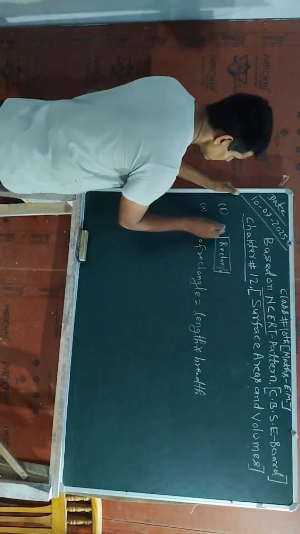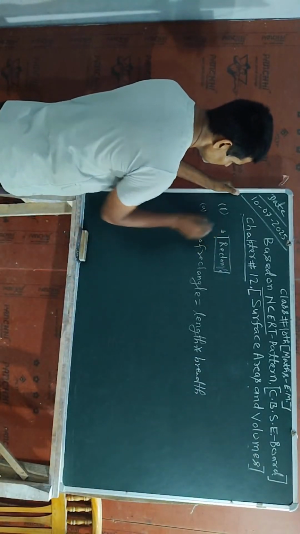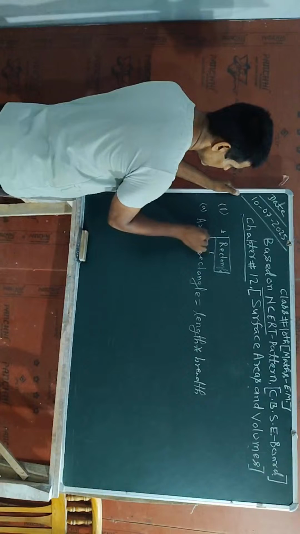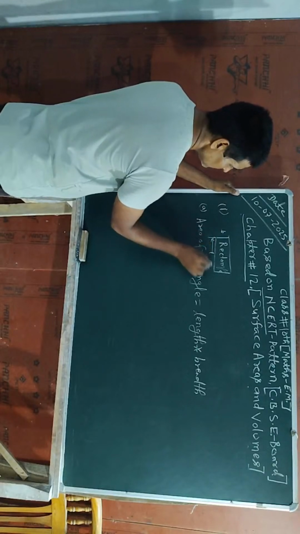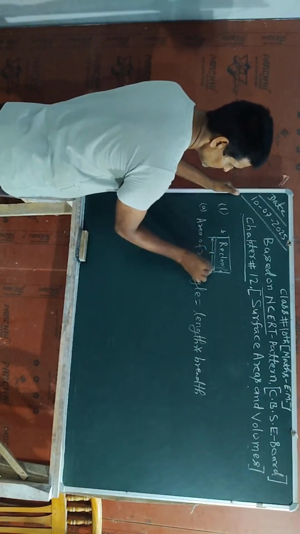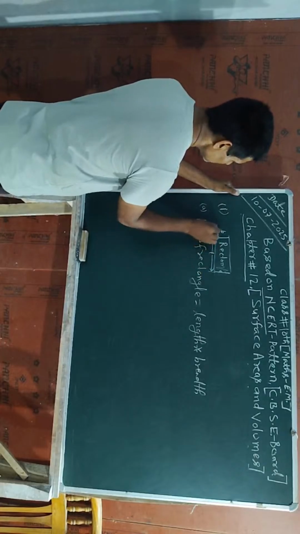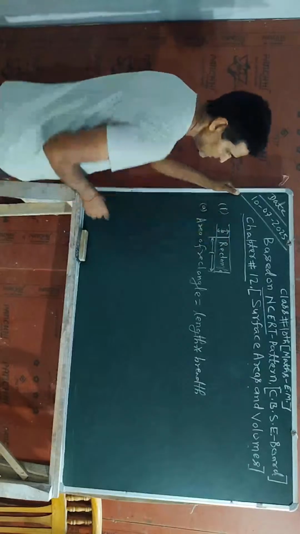So I will say this is the breadth B and this is the length here. So from here I will draw like this, so each and every student can understand very easily, so they can easily remember it.